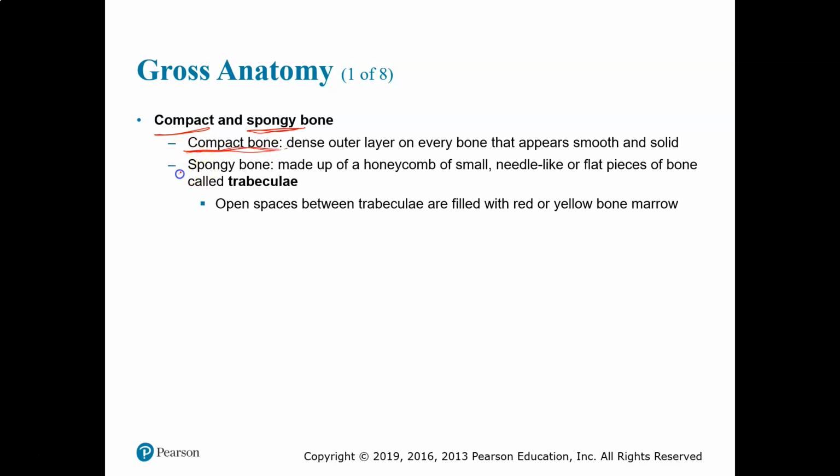And by the way, compact bone is made up of units of bone called osteons. Compact bone is composed of osteons, and spongy bone is composed of trabeculae. We'll see a picture of those, but the main thing is that there are open spaces in spongy bone, and those spaces can be filled with red or yellow bone marrow.